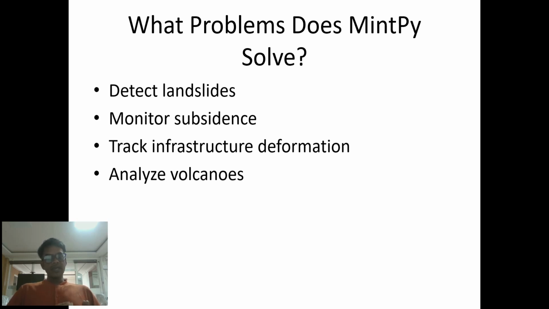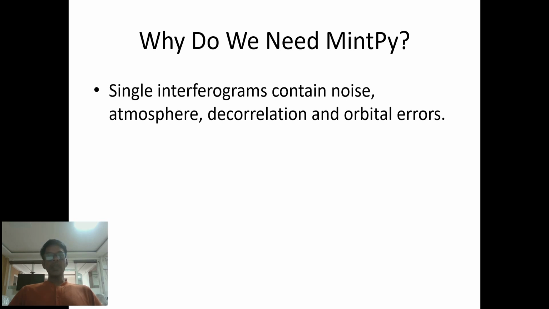When we go for the regular practice, like taking two Sentinel images, creating an interferogram and then doing the processing, that will not solve the problem, because a single interferogram has atmospheric noise, temporal decorrelation, and orbital errors, like I have explained here, and also some seasonal effects.